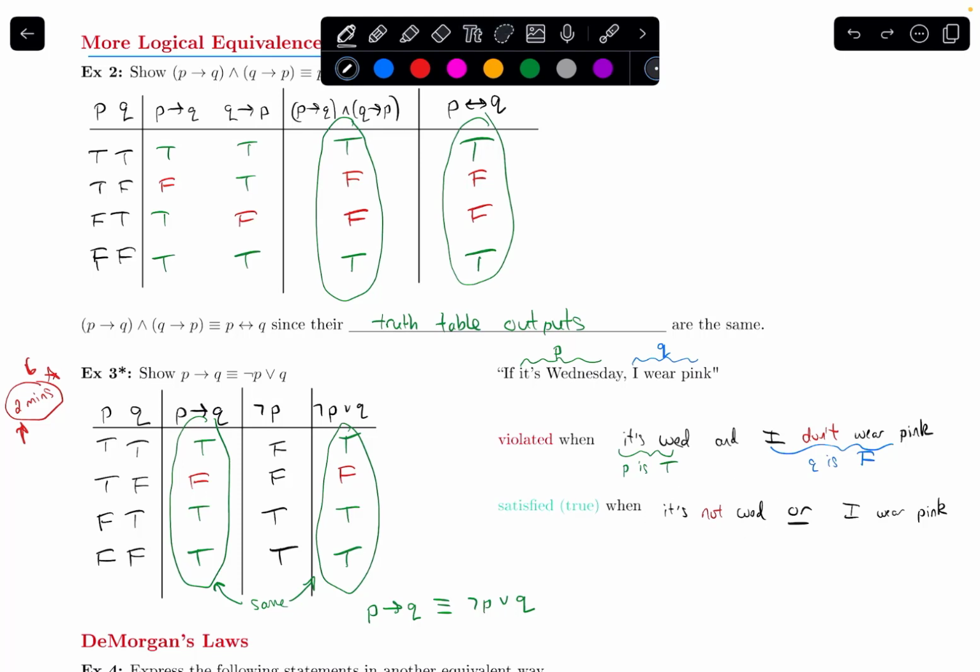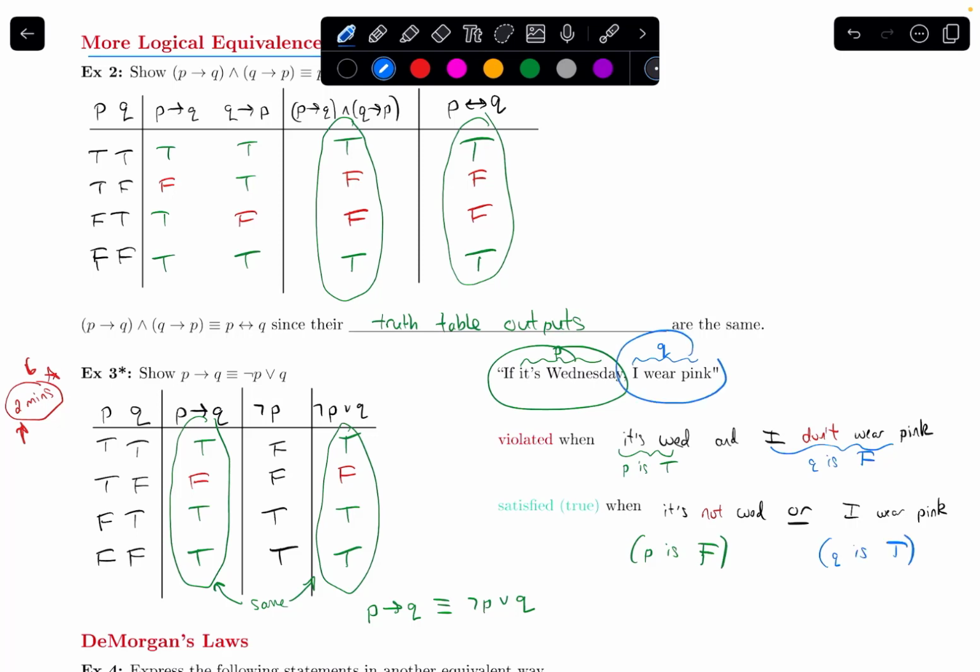So another way to say this is, well, this if-then statement is going to be satisfied if the P is false. So if it's not Wednesday, all bets are off. I could wear whatever I want. So if P is false, there's no way to violate the rule. It's also going to be good if my conclusion is true.